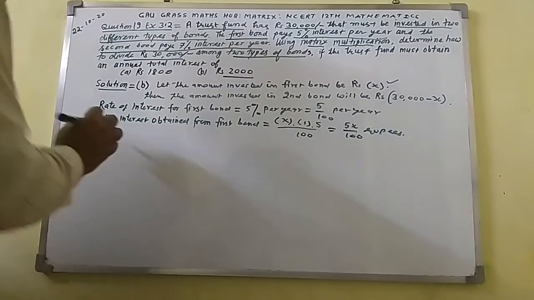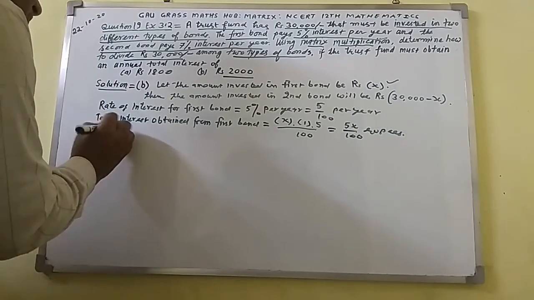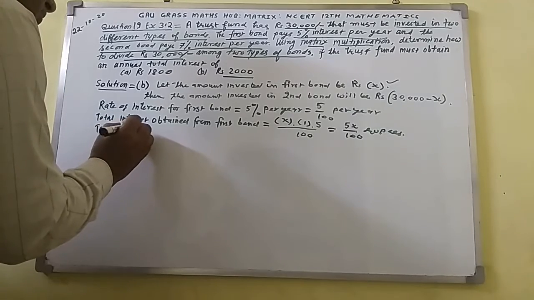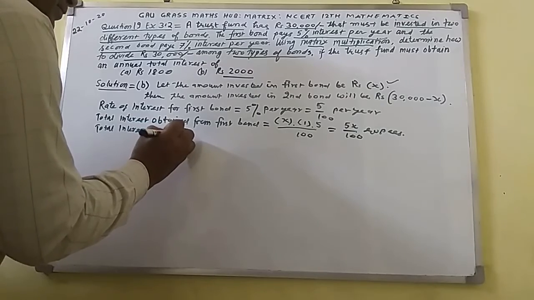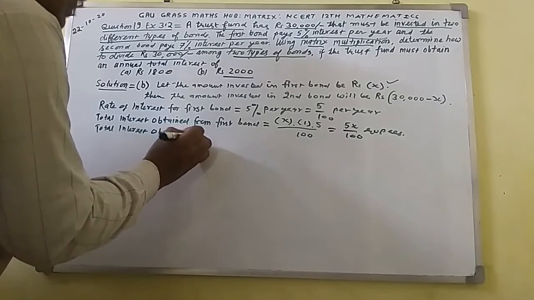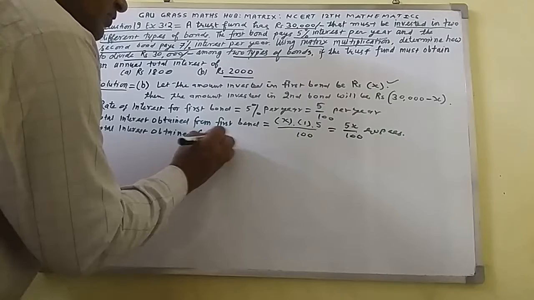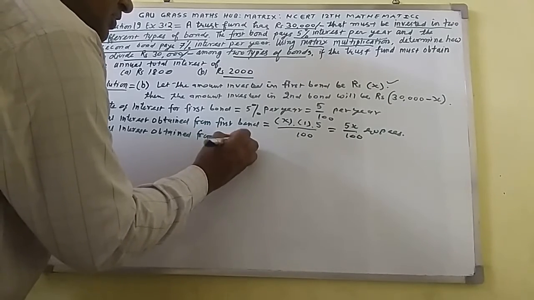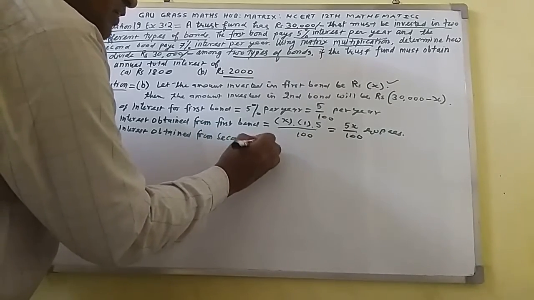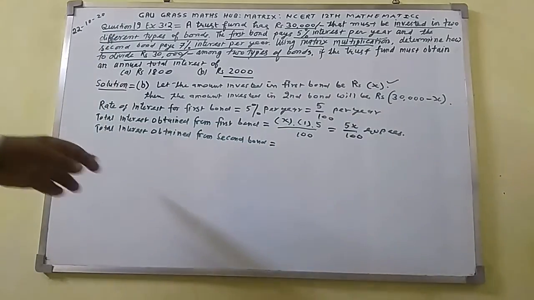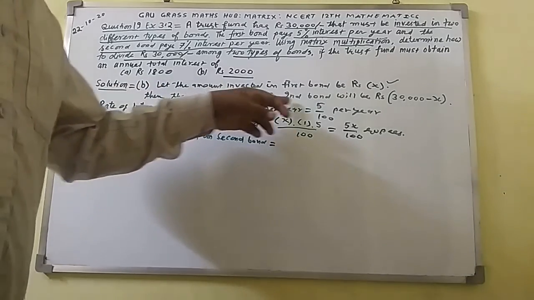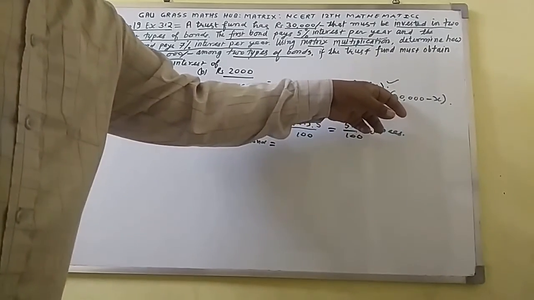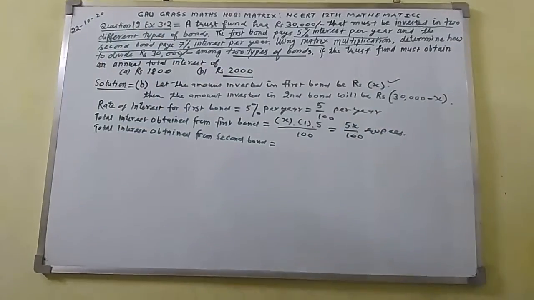Total interest obtained from the second bond: the amount invested in the second bond is rupees 30,000 minus X, which is the principal amount.